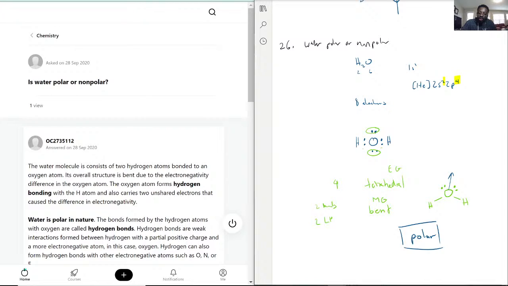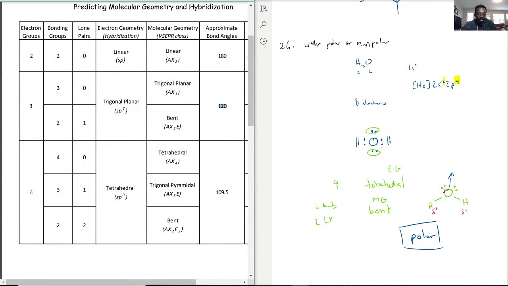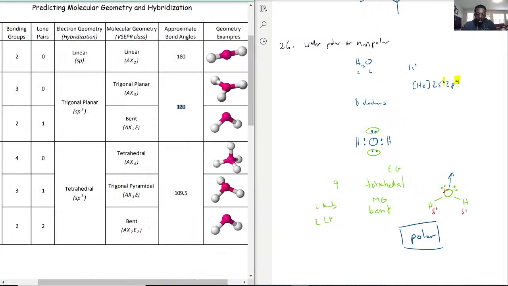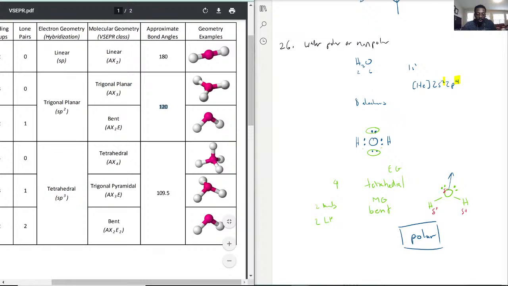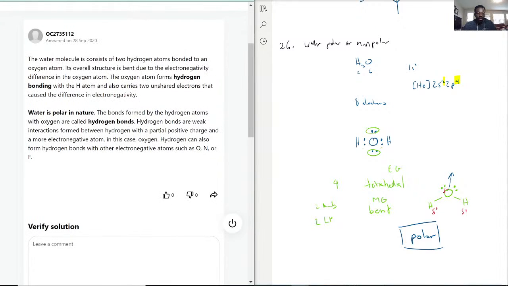You have the slightly positive charge of the hydrogens and the slightly negative charge at the oxygen, and it's pulling everything with the lone pairs in a certain direction. And you can actually see the VSEPR here. Oxygen is this one here, 2,2, tetrahedral, like I said, and bent. This is what water looks like, and it is polar. So water is polar, and this is correct.